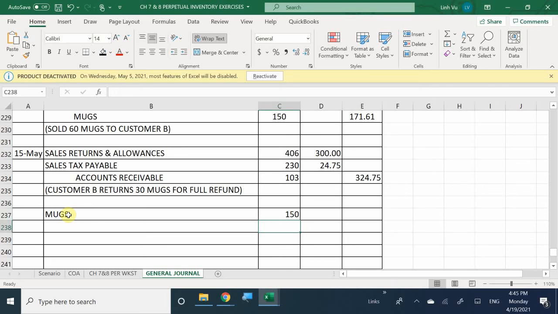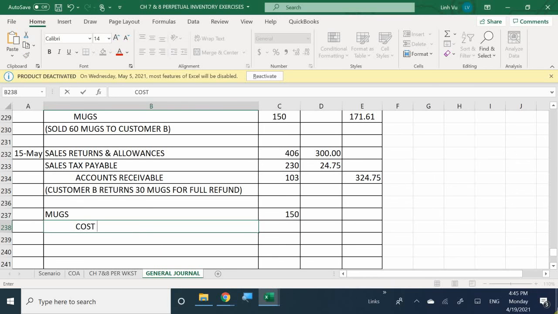If I'm undoing what I sold, okay, if I sold something, right? Oh, cost of goods sold. Thank you. So you have to undo your cost of goods sold because you didn't sell it. You end up refunding it. So in this case, you do need to recognize that you have to actually undo your cost of goods sold.